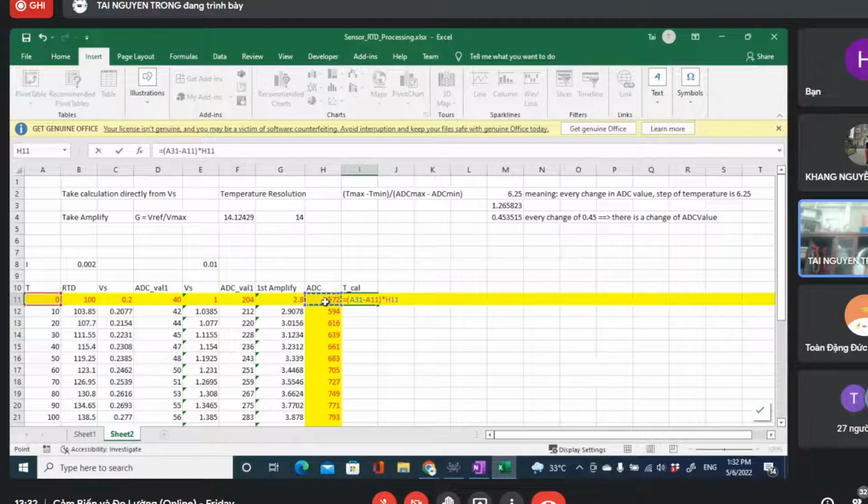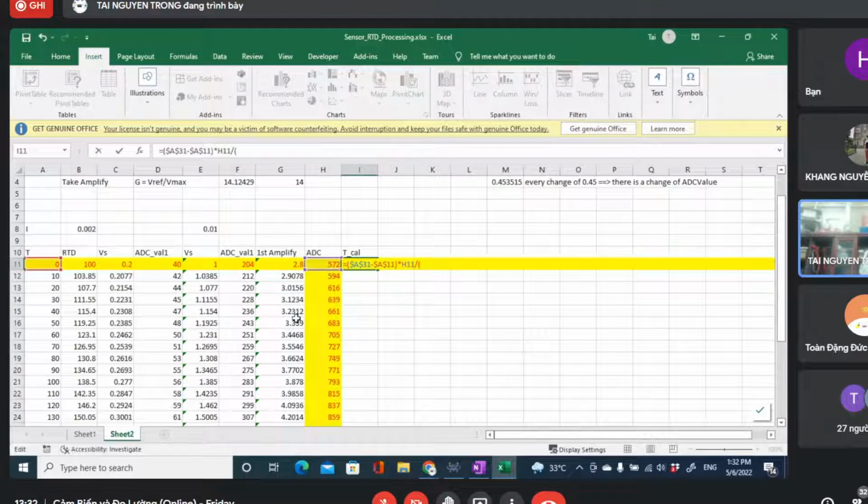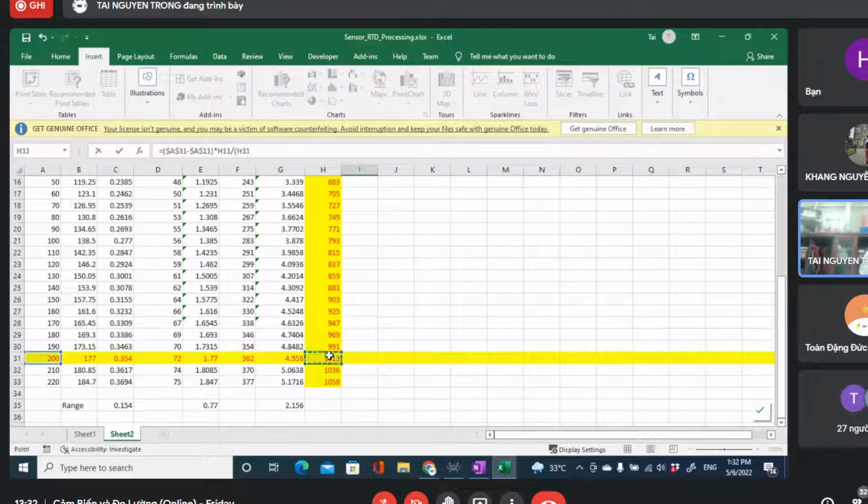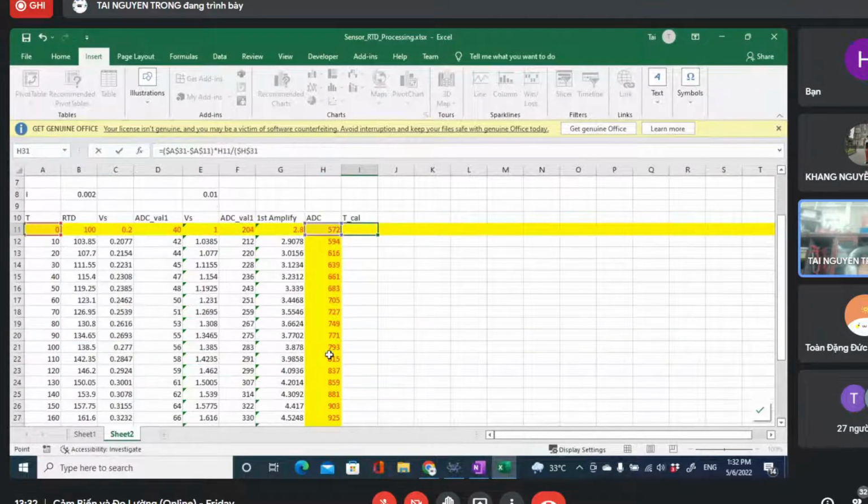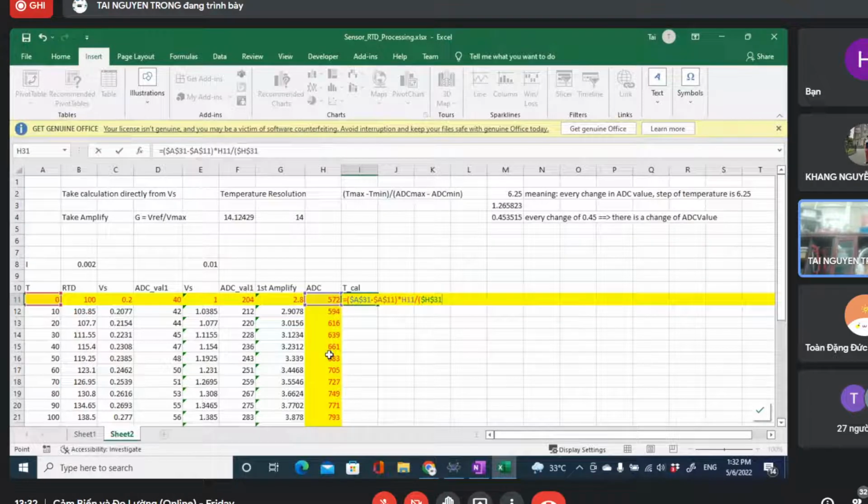That is the value of the ADC divided by a constant value, and this will be divided by the ADC max and ADC min.